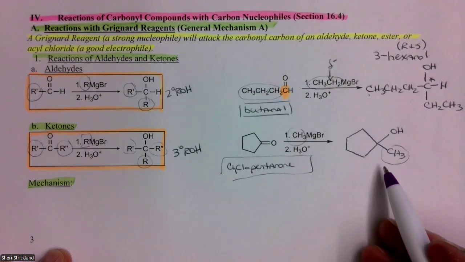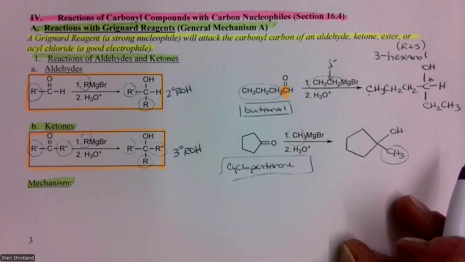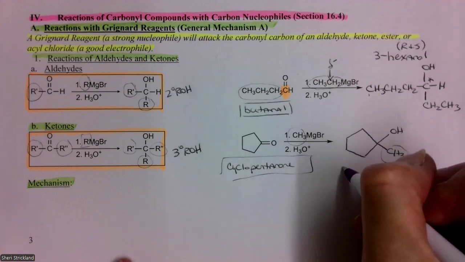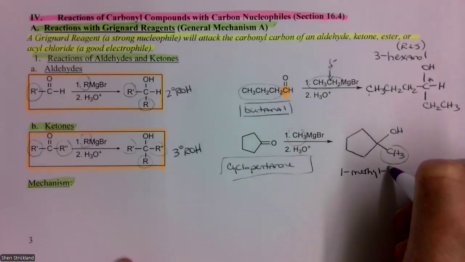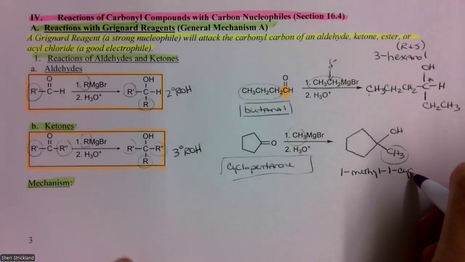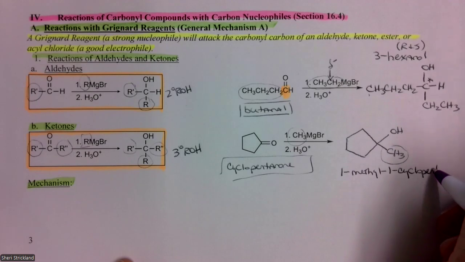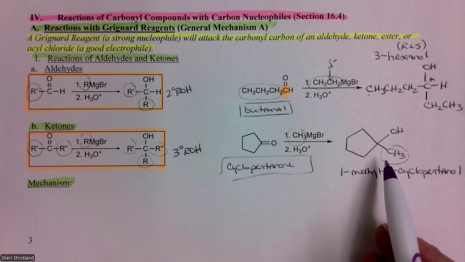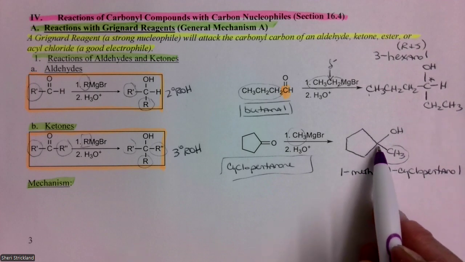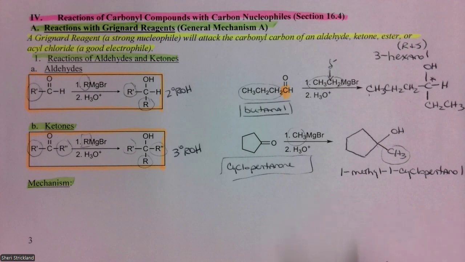And this is 1-methyl-1-cyclopentanol. And both of those ones should be optional. Now, could you have R and S enantiomers here? No, because this is not an asymmetric carbon.